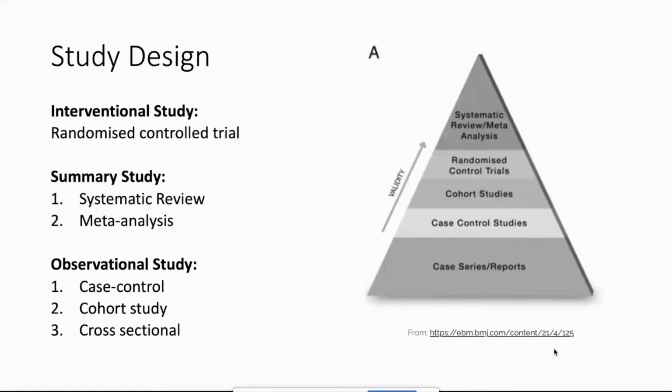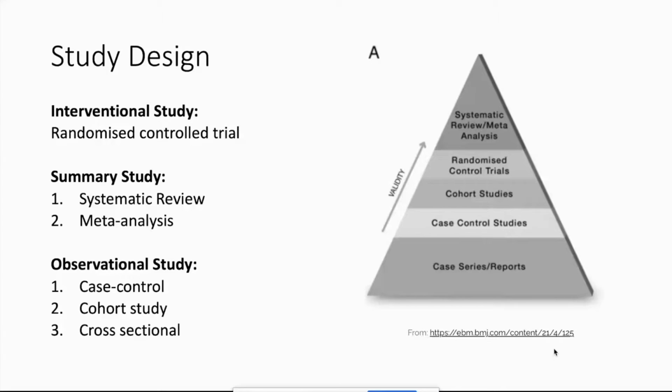Then in a meta-analysis, you actually perform a statistical analysis where you pool the results of multiple randomized controlled trials together to get what we call a pooled estimate, and that is seen as a more accurate representation of the true state of affairs.